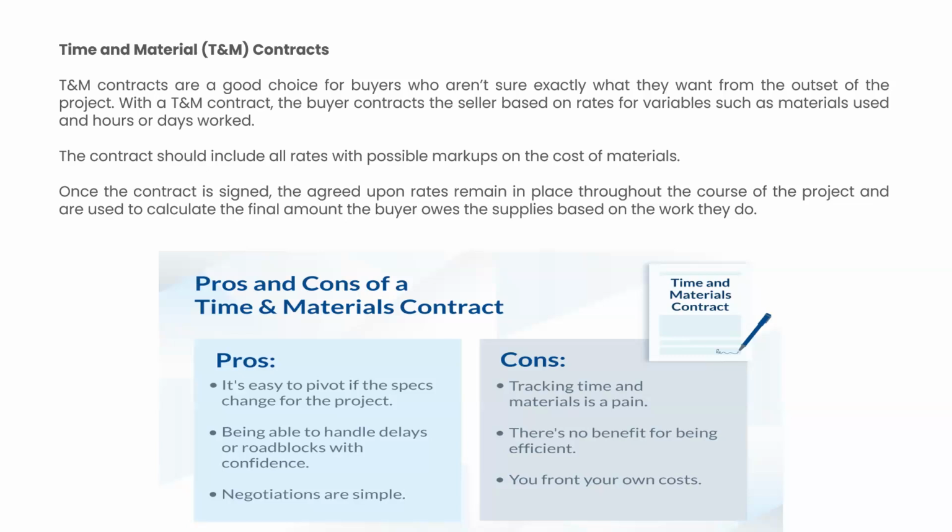Efficiency you cannot expect, because this is not a continuous process. There is a time gap between each and every phase in the project, so you cannot expect consistent efficiency in the project. So we have these three types of contracts.